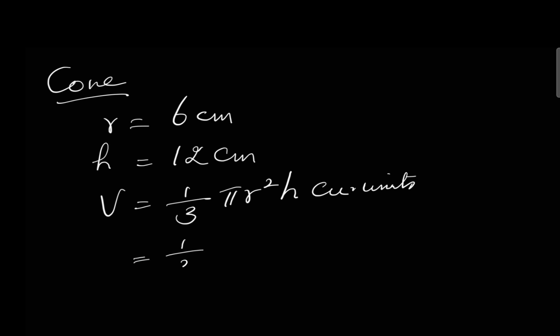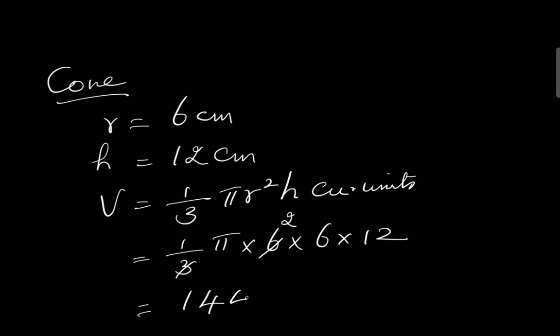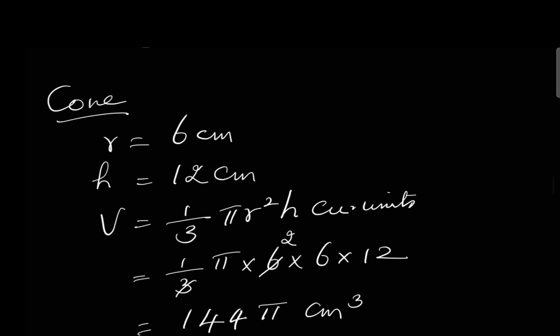So 1 by 3 pi, 6 into 6 into 12. Here 3 goes into 6 two times, and again 2 times. So 6 twos are 12, 12 twelves are 144. 144 pi centimeter cube.